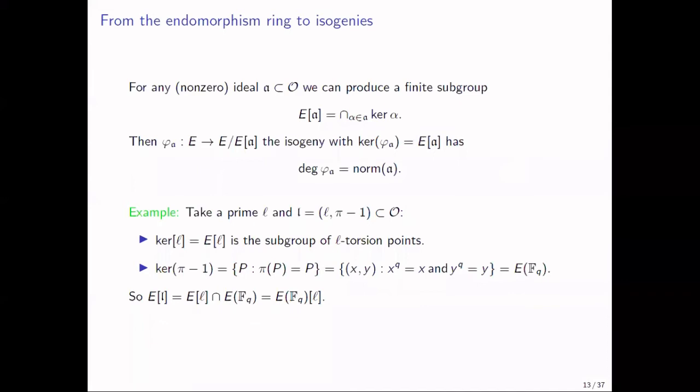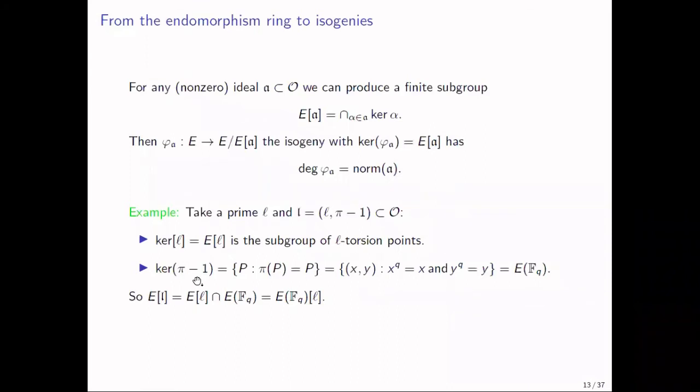So let's take an example of how this works. How do we construct these isogenies? Well, take a prime L different from p, and then consider the ideal generated by L and pi minus 1. So we need to figure out what this subgroup is, the torsion subgroup. And we do it by intersecting the kernels of all the elements. And it's enough to take the kernel of L. Well, that's the subgroup of L-torsion points, the kernel of multiplication by L. And we have the kernel of pi minus 1.